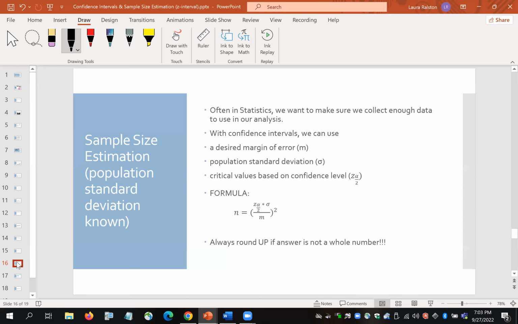And if I know the population standard deviation, I can then determine what size sample I should collect. Now that also involves a critical value, which is based on the confidence level.